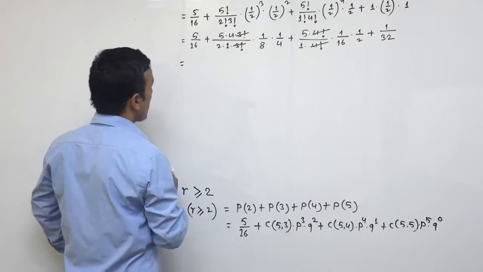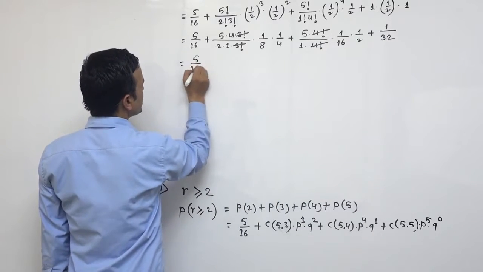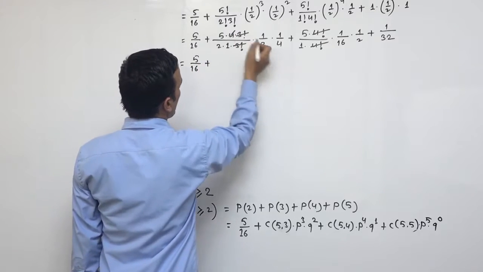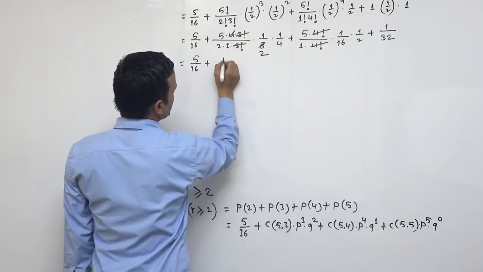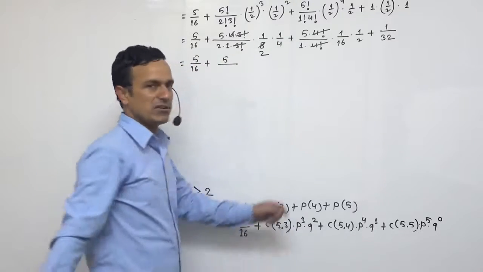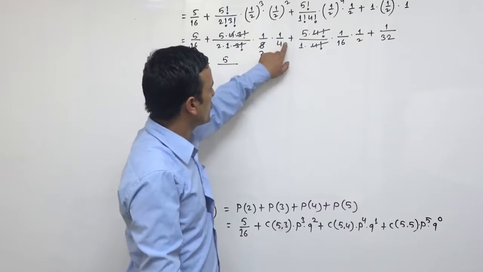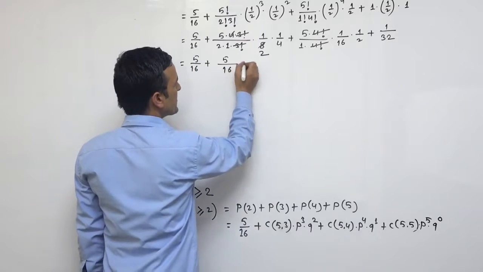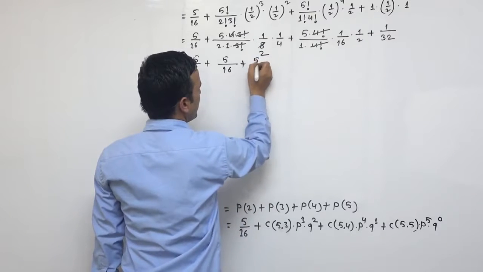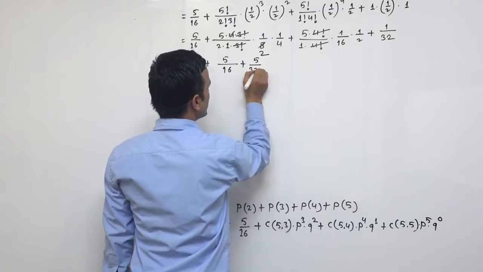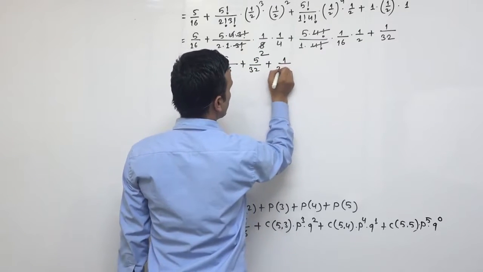This one is 5 by 16 plus 4 to the 8, and in the numerator we have 5 and denominator 2 to the 4, 16, plus here in the numerator 5, 16 to the 32, and here also 1 upon 32.